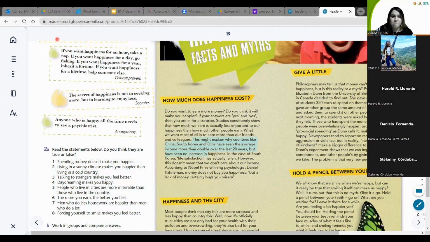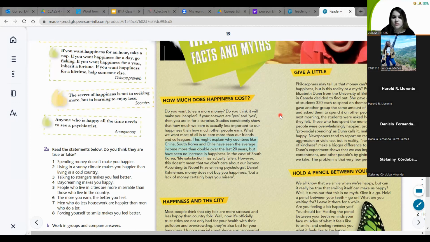How much does happiness cost? Do you want to earn more money? Do you think it will make you happier? If your answers are yes and yes, then you are in for a surprise. Studies consistently show that how much we earn is actually less important to our happiness than how much other people earn.